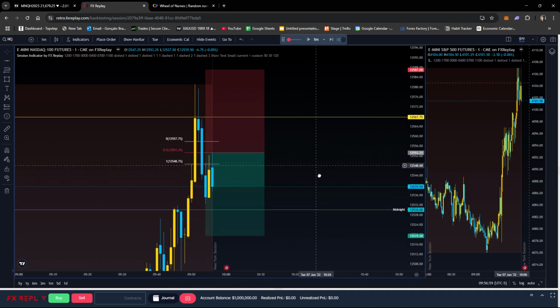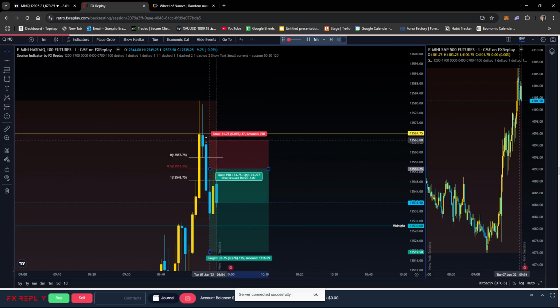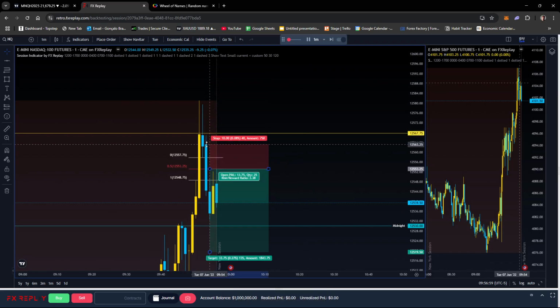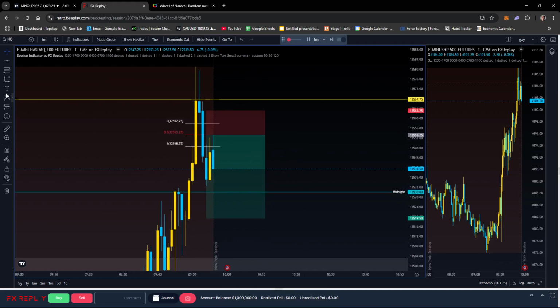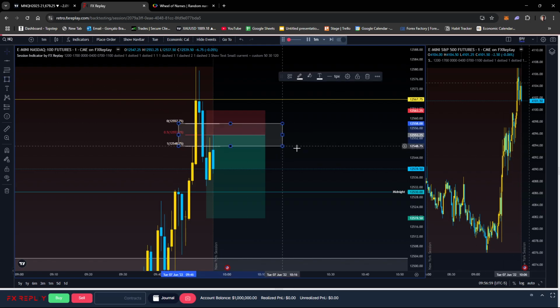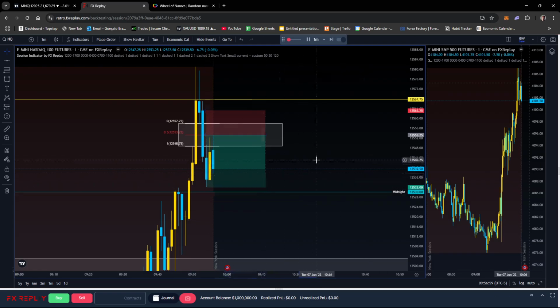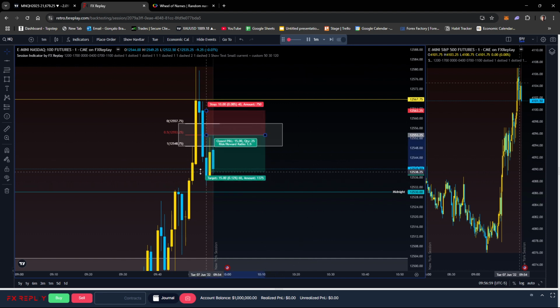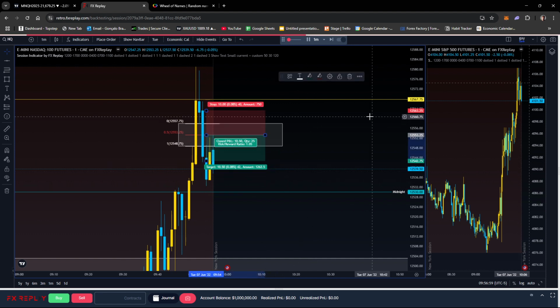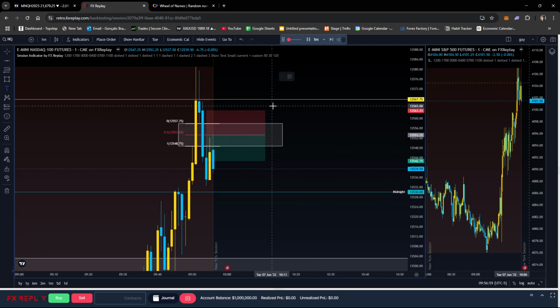Okay, so we just got worked in there off that 50. 10 points just above the FVG. Full target right around midnight. So I'm going to be getting out full for 2.13. 0.5 would be already secured.